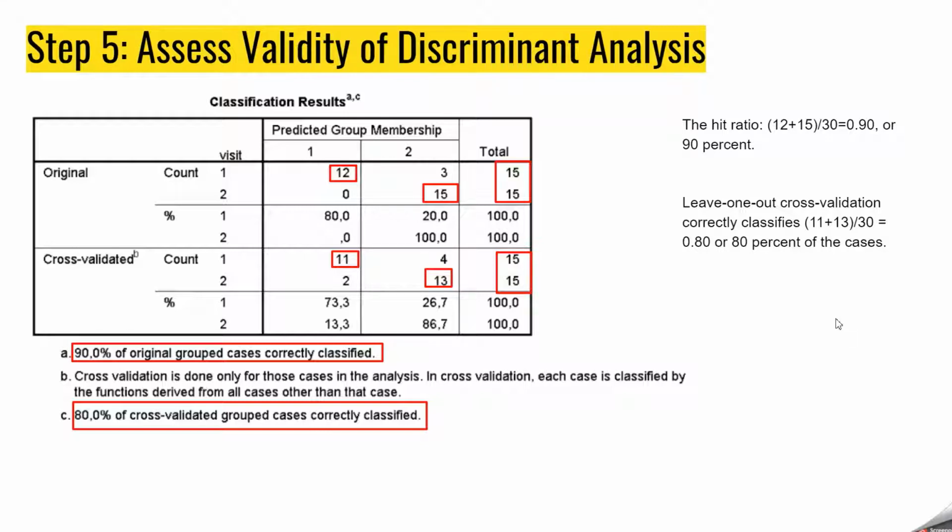For the leave-one-out cross-validation, the correctly classified count equals 11 plus 13 divided by 30, so we have 80% of the cases. I can conclude that 80% of the cross-validated grouped cases are correctly classified.